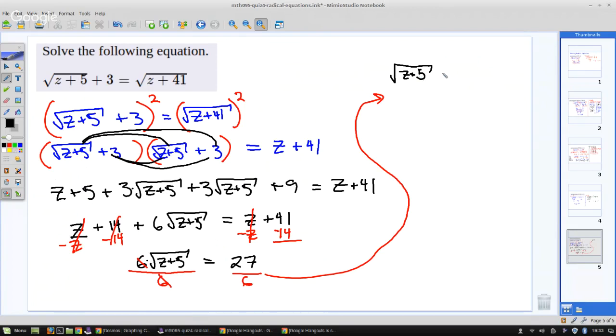And on the other side, let's see, 27 divided by 6. Well, for sure, 3 goes into top and bottom. 3 goes into 6 twice. 3 goes into 27 9 times. So I get 9 halves, which we could write as a decimal, but I'm going to leave it as a fraction for now. Sometimes in the online homework it says state your answer as a fraction, not a decimal. You can always switch it to a decimal later. All right, we've got the square root alone. We're ready to square again.